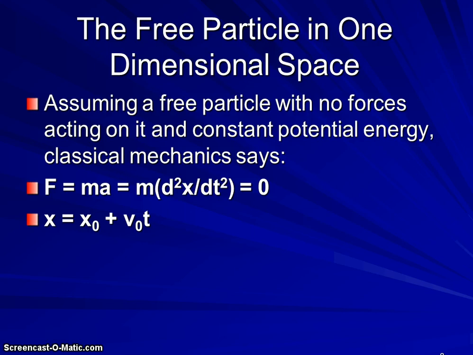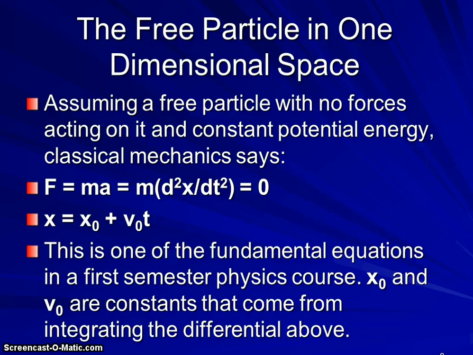And position is related to original position and velocity of the particle. This is one of the fundamental equations that you would go over in a first semester physics course like Physics 111 or Physics 221. X0, original position, and V0, original velocity, are constraints that come from integrating the original function here.